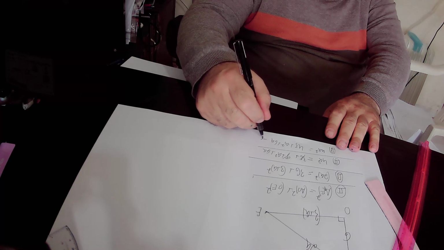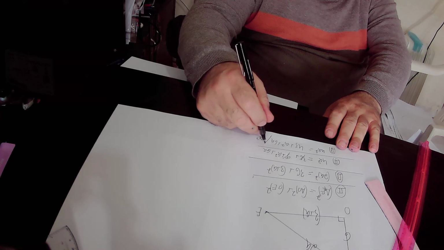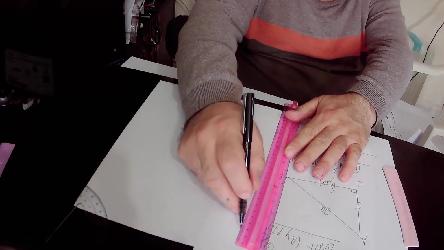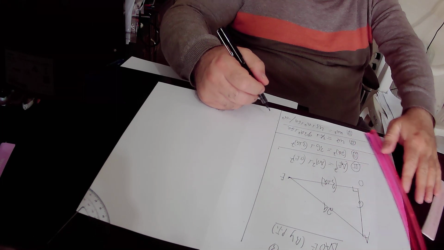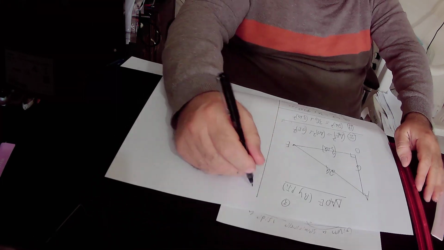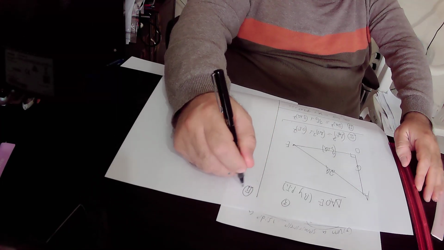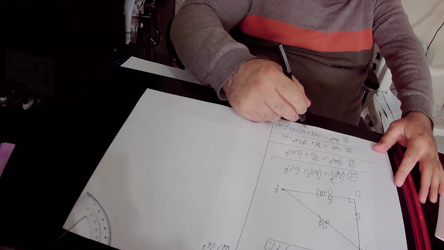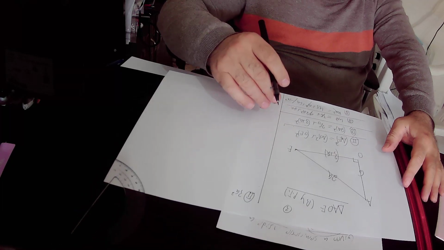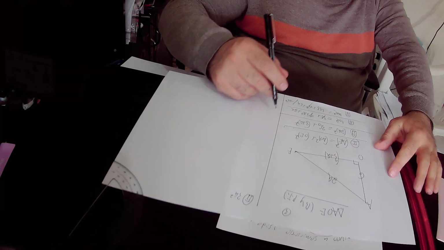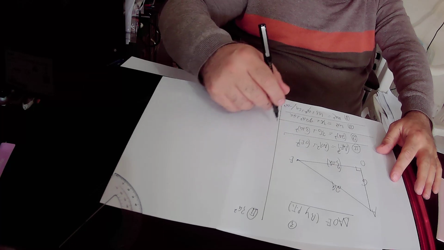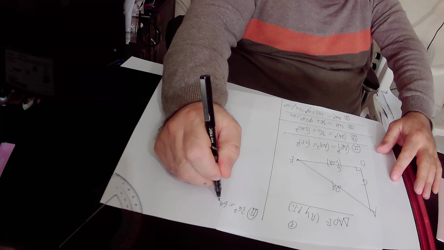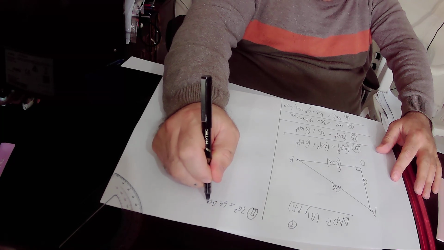Here we'll subtract a squared from equation number 2, and we get that 4a squared minus a squared is 3a squared, equals 6a plus 45.